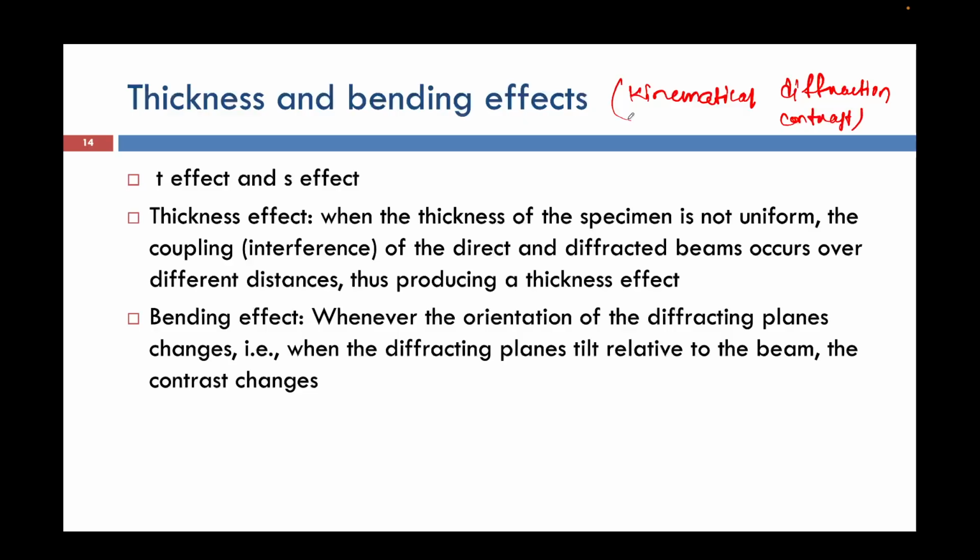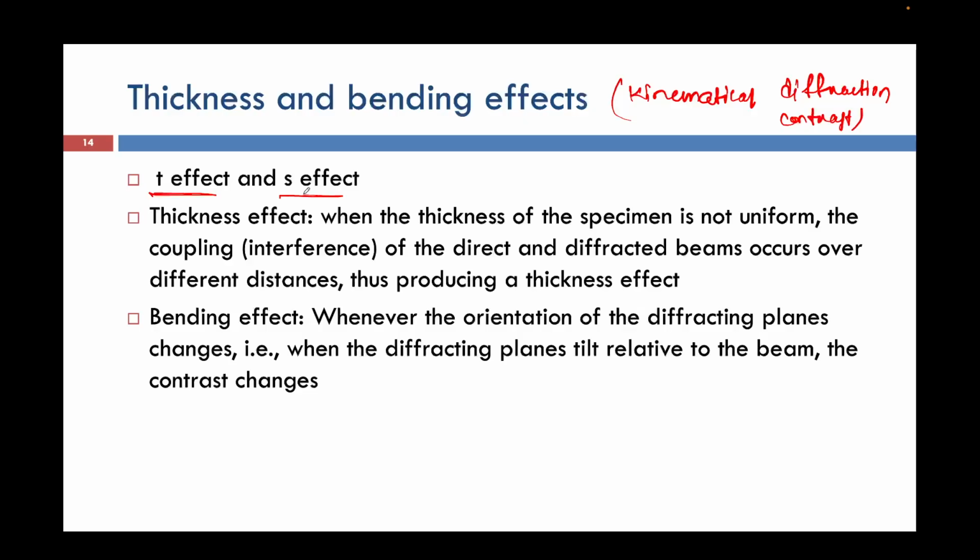Kinematical diffraction contrast comes due to the thickness effect, the T effect, and the bending effect, the S effect. T effect means the thickness variation, and due to the thickness variation there will be diffraction happening. S means the bending effect, that is, the deviation parameter variation, and due to that condition also the diffraction contrast occurs.